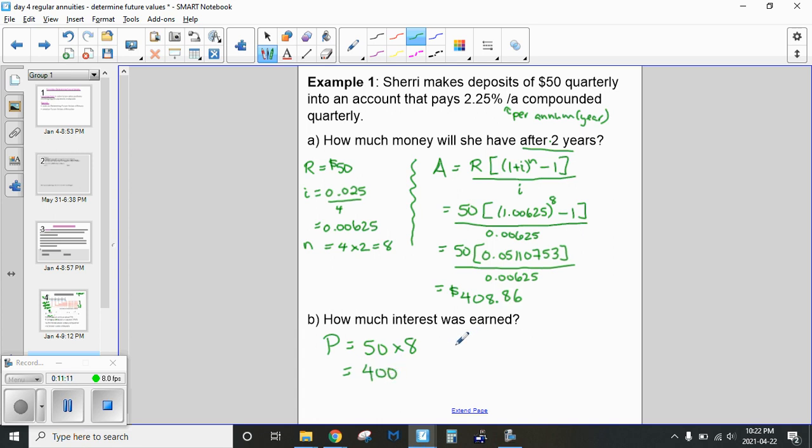Her final amount was the $408.86 from the previous question. We can find the interest by subtracting those two numbers. So 408.86 take away 400 tells us she only actually earned $8.86 interest.